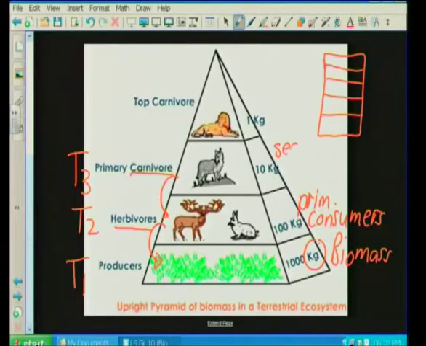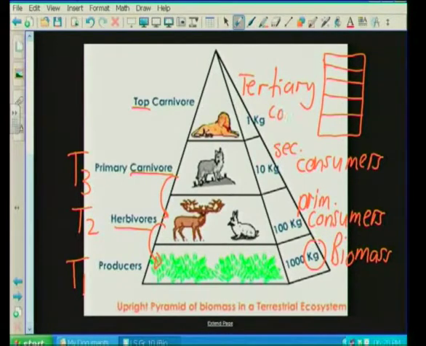All right, and remember we have the secondary consumers, which is the second animals to eat in the food chain, and that brings us to the top carnivore. We can call it the final consumer, or we can call it the tertiary consumer, which means third. I don't think I mentioned it when we did the food chain. Primary, then secondary, and then third or tertiary consumers.